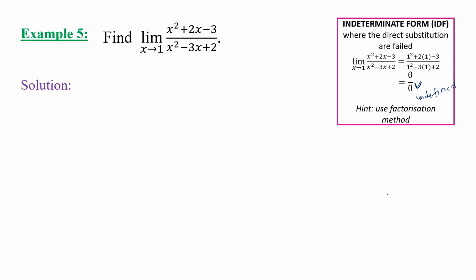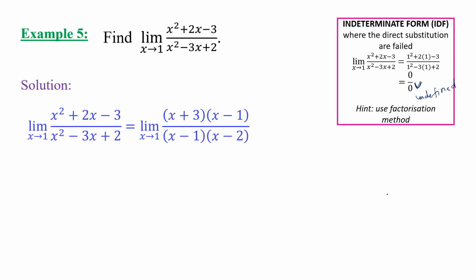Okay, so what we can do is use the factorization method, where we need to cancel out the common factor. At the numerator and denominator, we have quadratic expressions and we can factorize them into (x plus 3)(x minus 1) for the numerator, and (x minus 1)(x minus 2) for the denominator. We can see that there is a common factor for both, which is x minus 1.